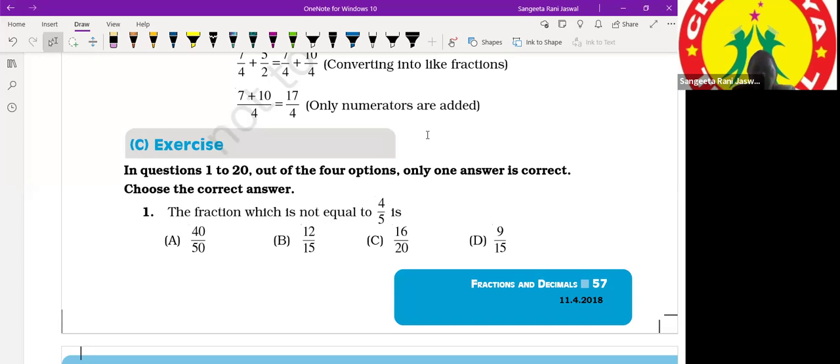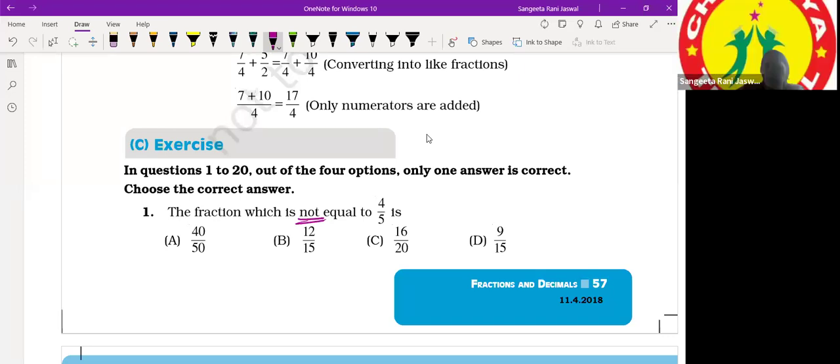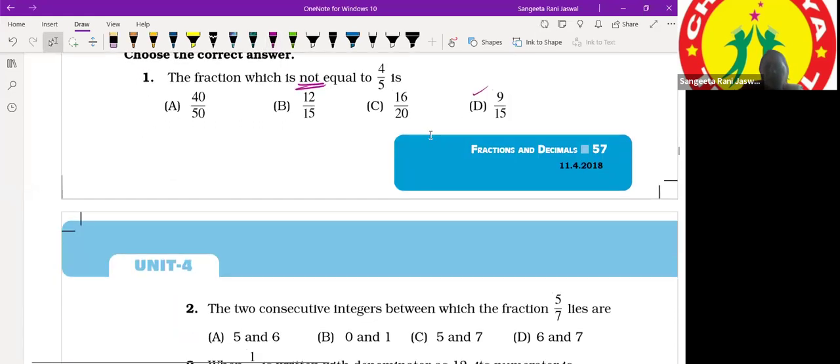Is there any other option which is not equal to 4 by 5? We have to find the one which is not equal. 9 by 15, it's not equal. So 9 by 15 is not equal.